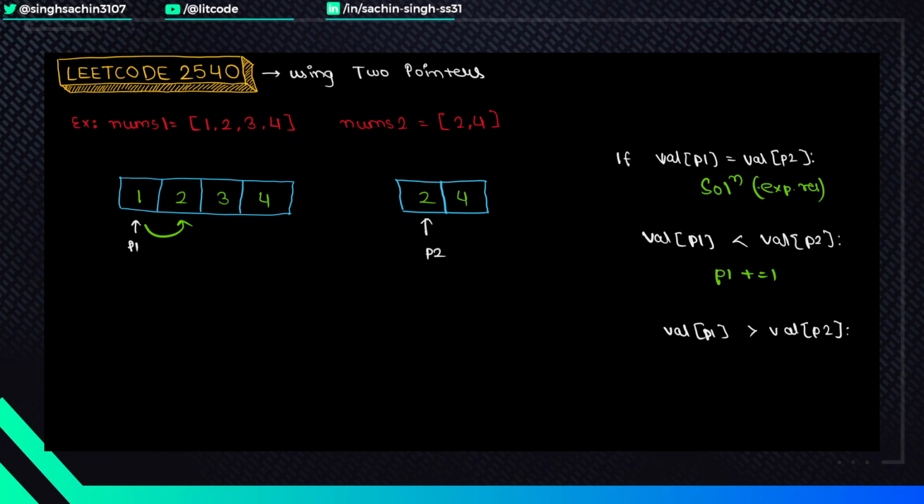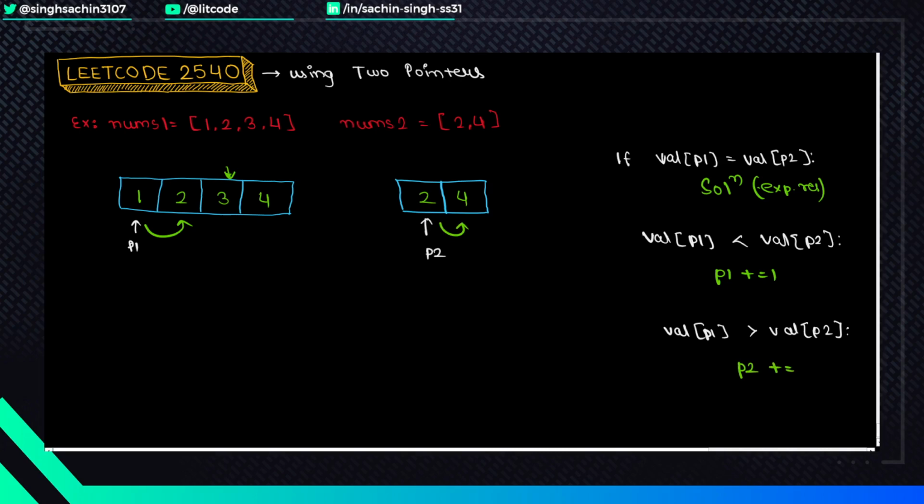The other case is, for example, if p1 was at 3, then 3 is greater than 2, right? So in that case you will be moving p2, so p2 plus 1.